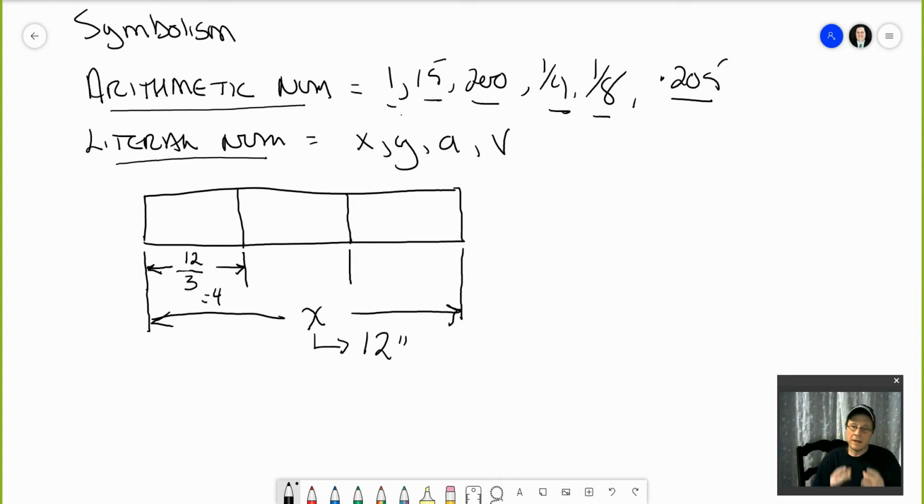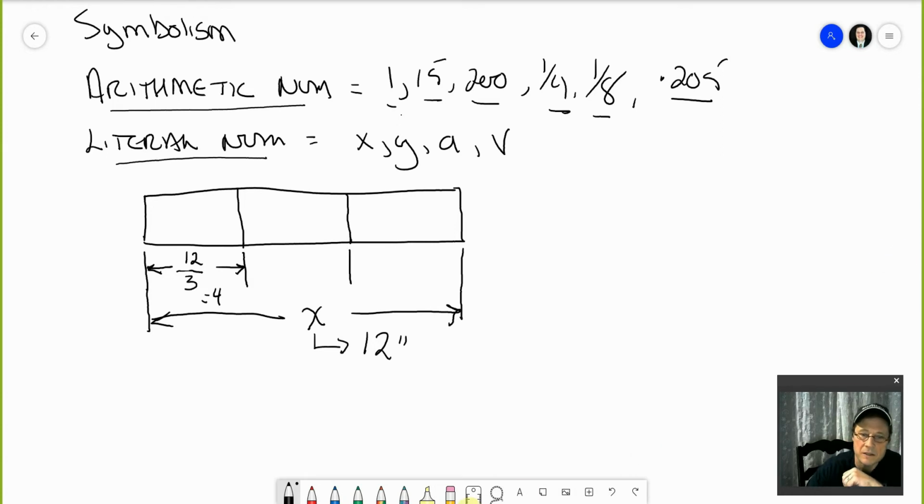So what this helps us do is find missing information by using literal numbers as placeholders until we can solve the equations.